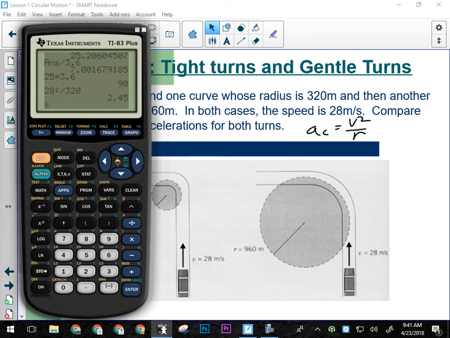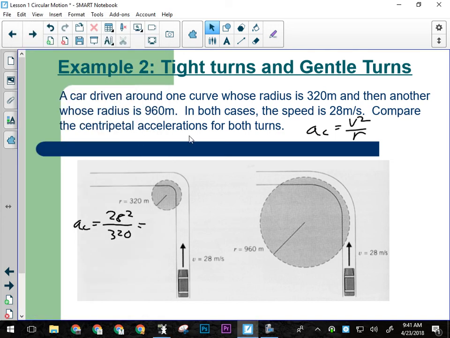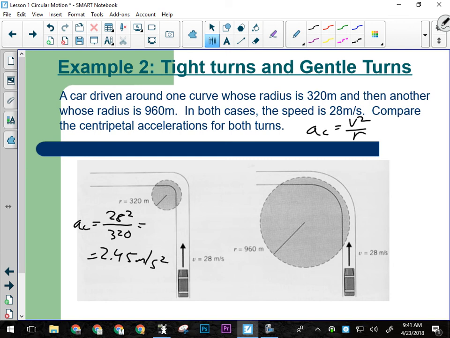The acceleration experienced there is 2.45 meters per second squared. That's considerable. That's about a quarter of a G. So you would feel a little heavier in that direction, about a quarter more. If you weighed 100 pounds, you'd feel like you were 125 going that way.